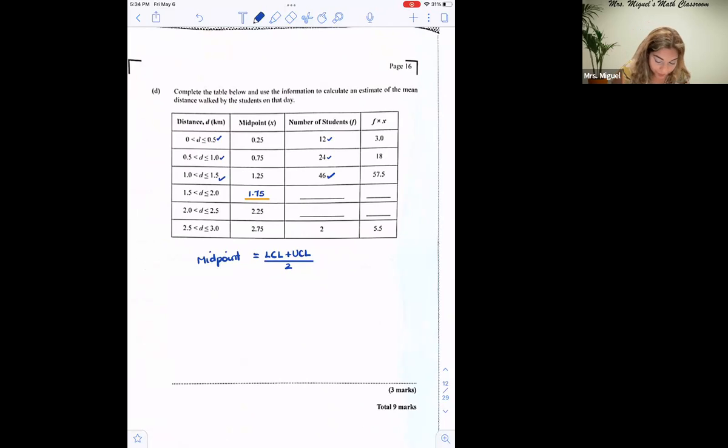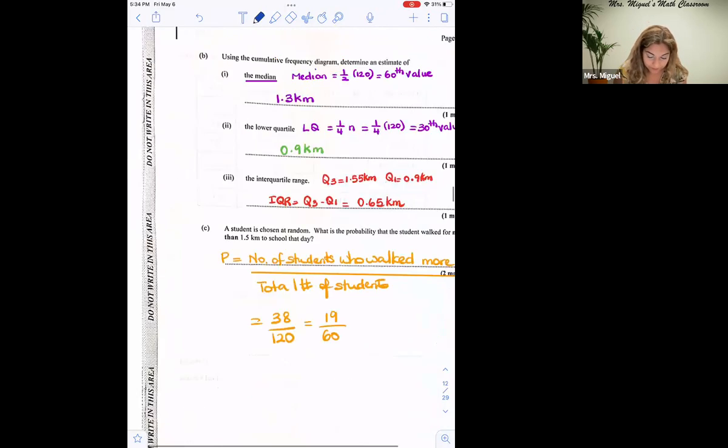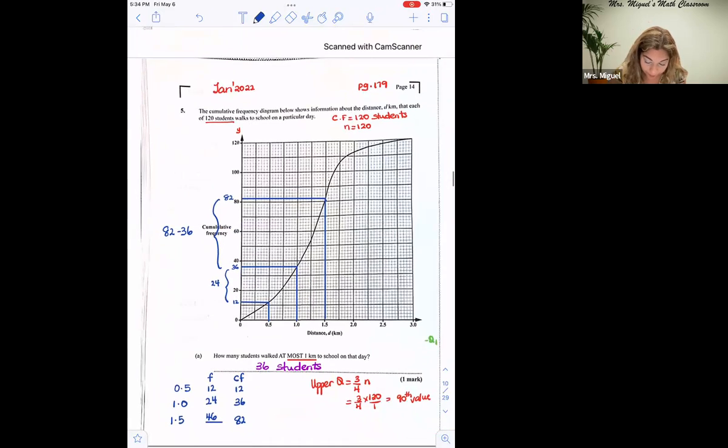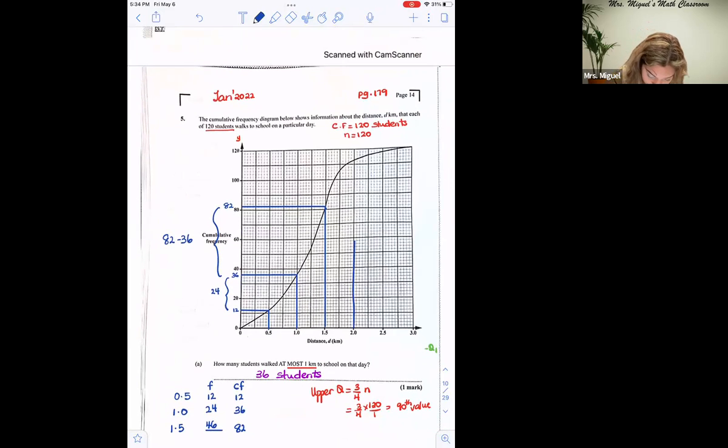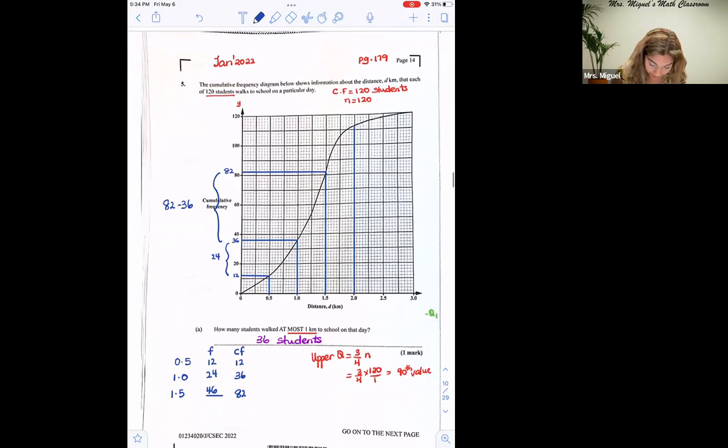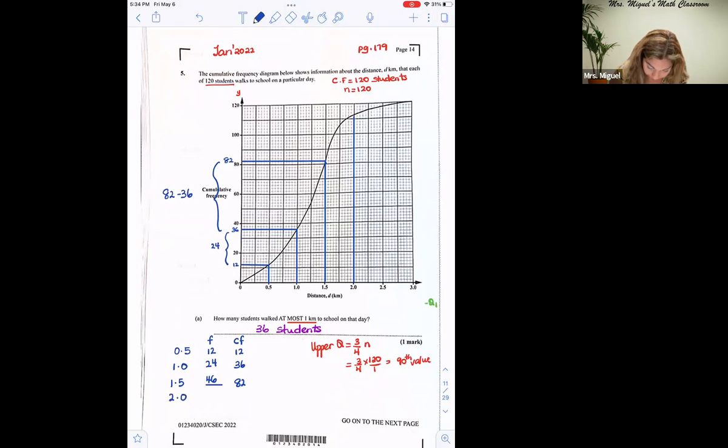We have to do it for 2. So let's go. Find 2, go straight up and read off the value on your graph. And this would be for 2.0.